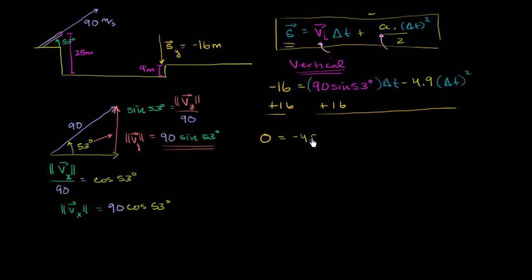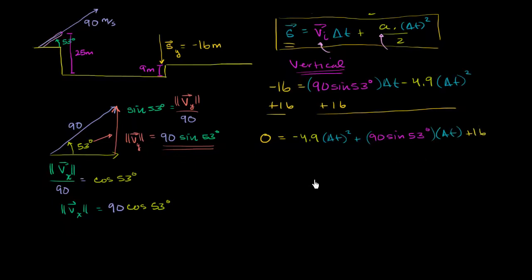So negative 4.9 times delta t squared, then plus 90 sine of 53 degrees times delta t, and then plus 16. All of this is equal to 0.